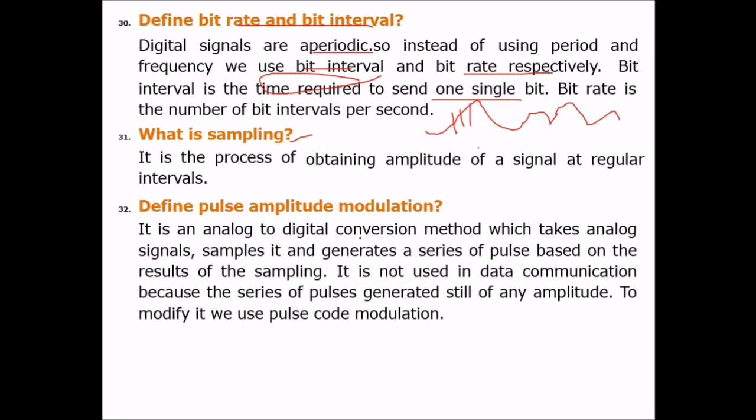This is an analog to digital conversion method which takes an analog signal, samples it, and generates a series of pulses based on the result of the sampling. It is not used in data communication because the pulses which are generated can still be of any amplitude. So to modify it, we use pulse code modulation.